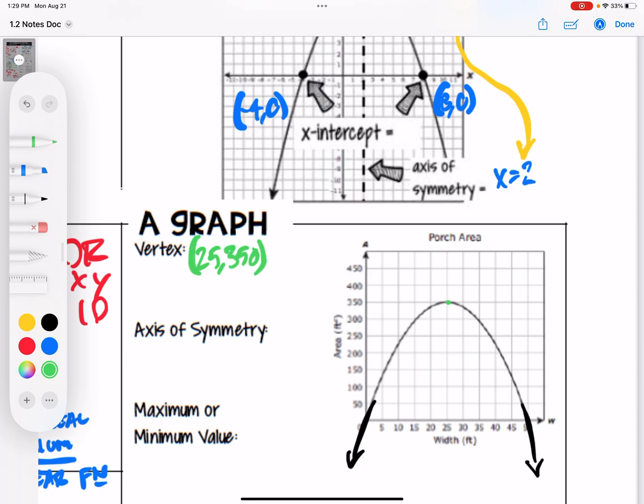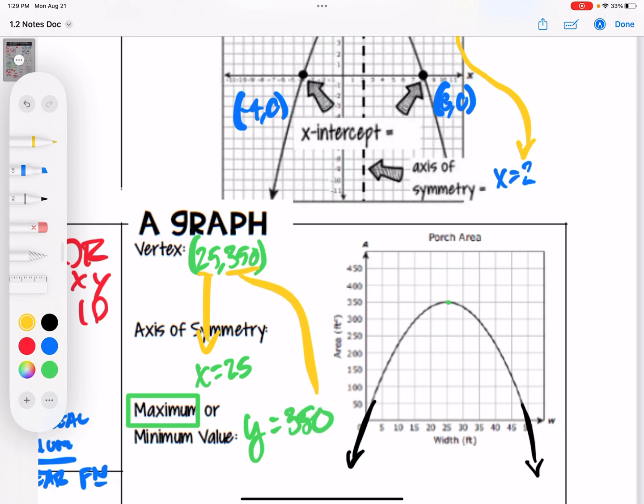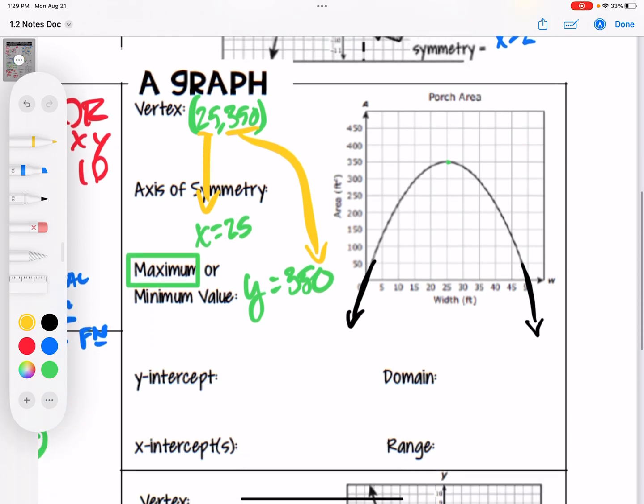The axis of symmetry, recall, is the x-coordinate. The axis of symmetry is x equals 25. This has a maximum value. That maximum value is y equals 350, which again is the y-coordinate of the vertex. The y-intercept is at 0, 0. The x-intercepts are at 0, 0, and 50, 0.